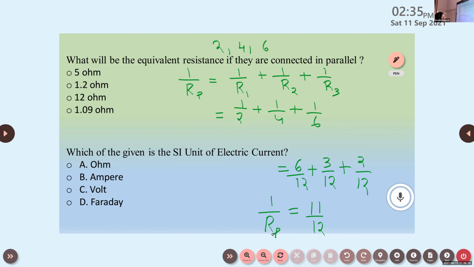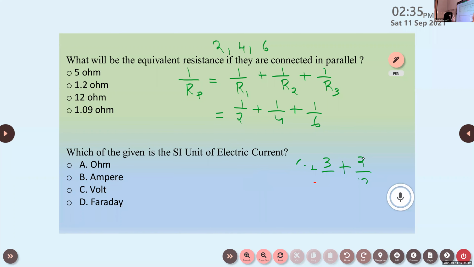But here we want to calculate the equivalent resistance in parallel combination, which implies Rp is equal to 12 by 11, that is equal to 1.09 ohm. So the answer is 1.09.